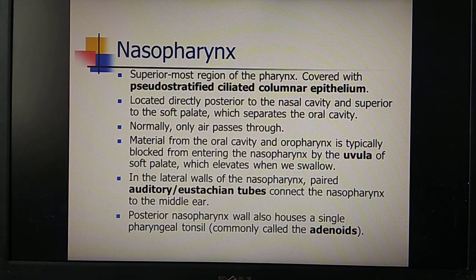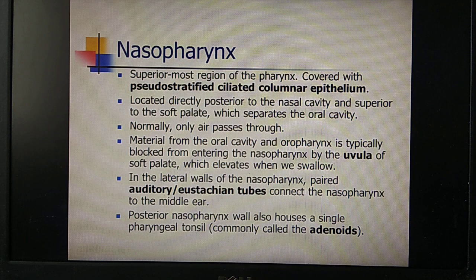It normally accepts only the air passage, and materials from the oral cavity and oropharynx are typically blocked from entering the nasopharynx by the organ called the uvula. This includes the soft palate, which elevates when we swallow. So the nasopharynx usually has only the passage of air.